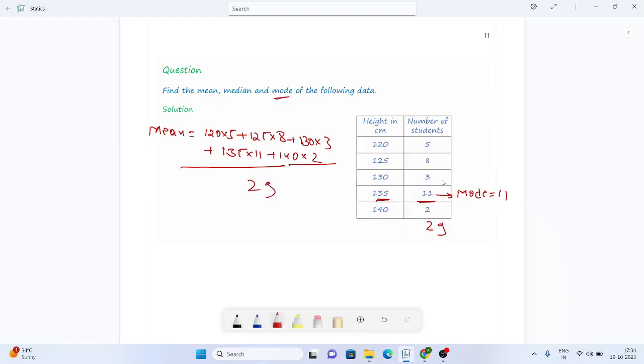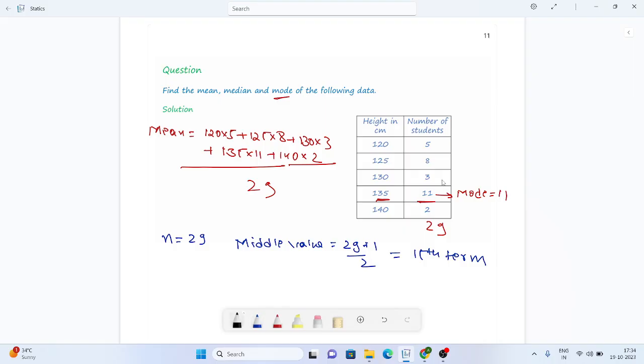Now here the important one is median, which is mainly asked because they do not bother about the calculation. So what is the concept of median here? Median is the middle term, right? So if n equals 29, tell me the middle value. The middle value is 29 plus 1 by 2, which is the 15th term. So we have to find the 15th term.